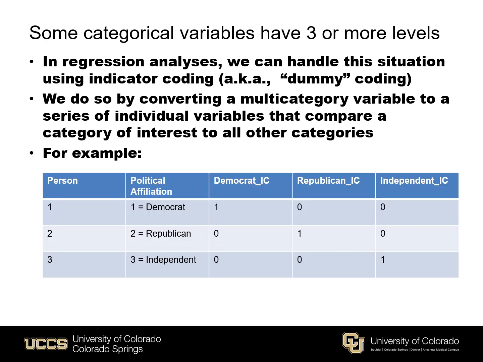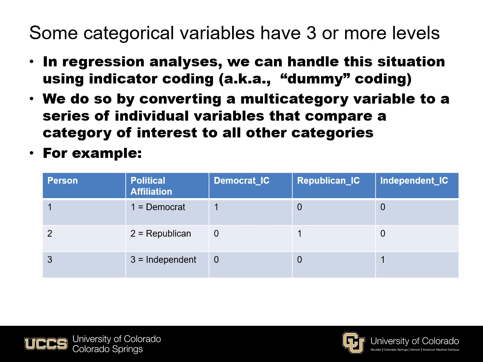So for example, let's say I had 3 people in a very small data set. I had 1 Democrat, 1 Republican, and 1 independent person. They all receive a different value on the political affiliation variable, a 1, a 2, or a 3. But in an indicator coding scheme, we set up a code that compares an individual to everyone else.